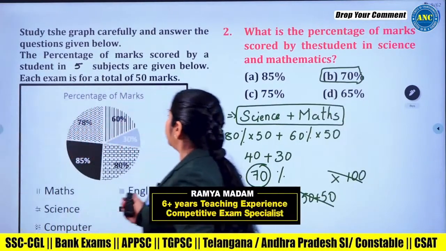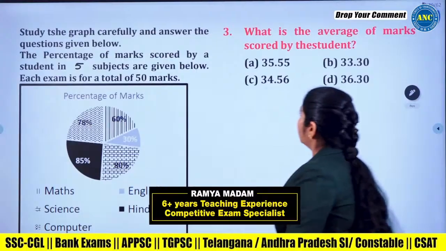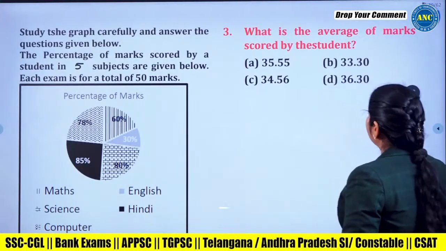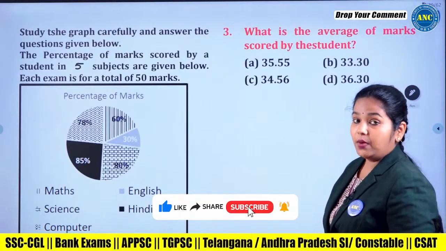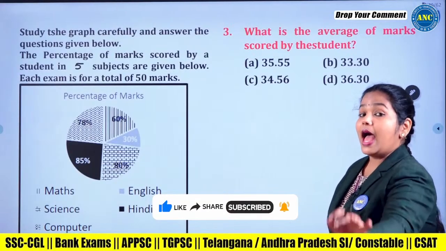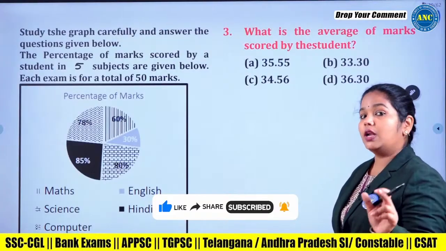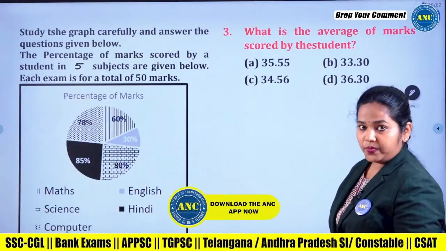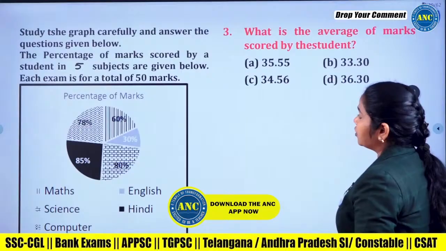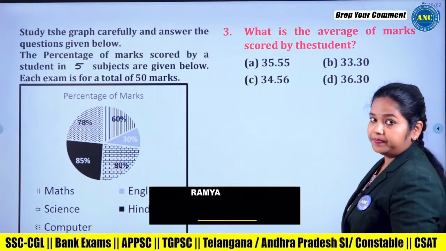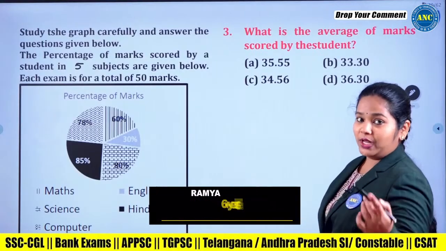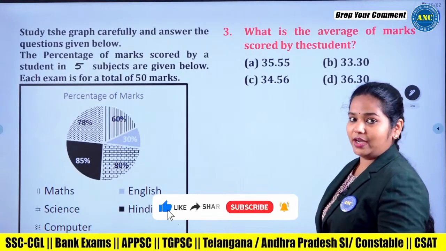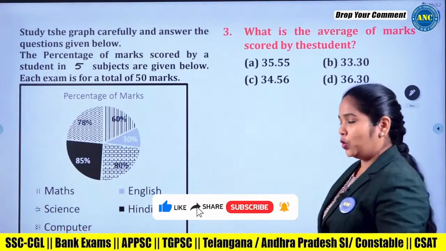Right. Next question. Question number 3. What is the average of marks scored by the student? They wanted to find out the average of marks scored by the student. Now, how can you take the average of marks scored by the student? Those students who did not practice such kind of questions tend to do it this way.